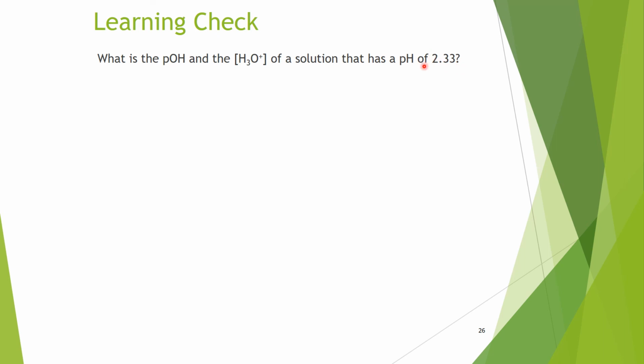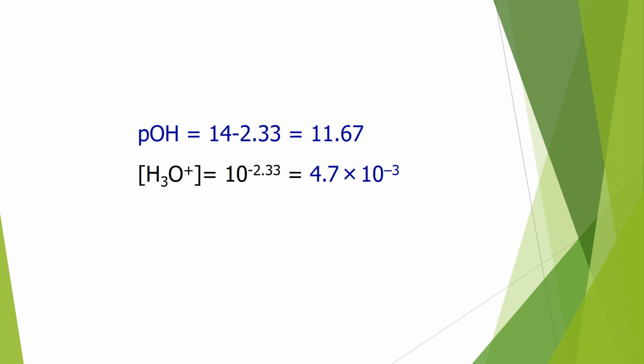Or you can figure out the pOH and then figure out the H3O plus from it. So the pOH is going to be 14 minus 2.33, and the acid concentration is going to be 10 to the minus 2.33 power, and that's 4.7 times 10 to the minus third molar.